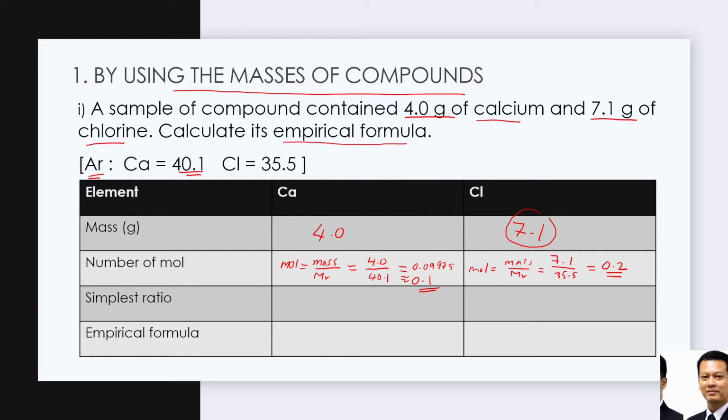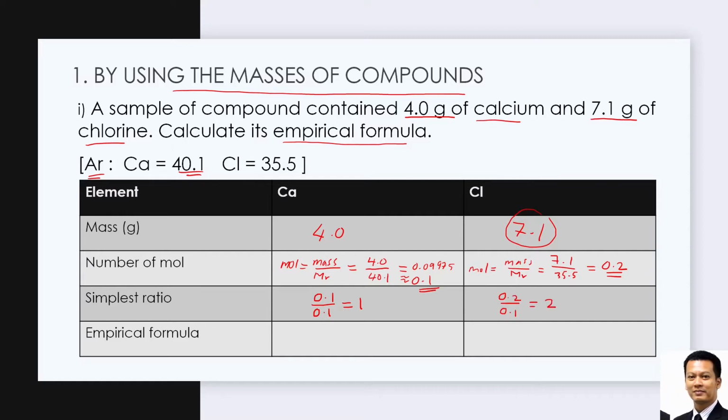So what you need to do is write down 0.1 divided by the smallest number, 0.1, which equals 1. And 0.2 divided by the smallest number that you have chosen earlier, so this one is 2.